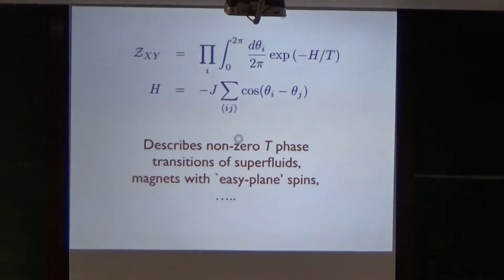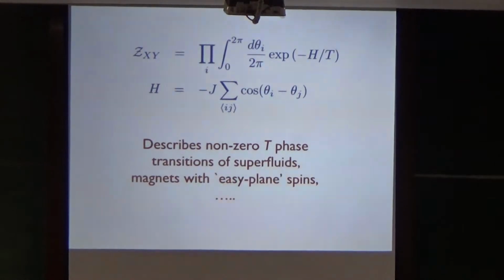This angle could be an actual angle of the electron spin, which is the point of view I'll take eventually. But it could be the phase of a boson, in which case this describes superfluidity, magnetism, and so on. So it's a very common, basic, classical stat mech problem.